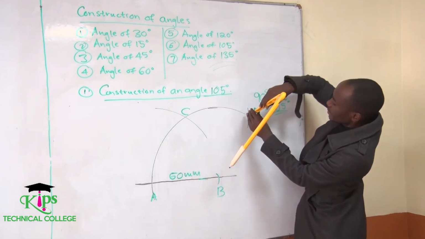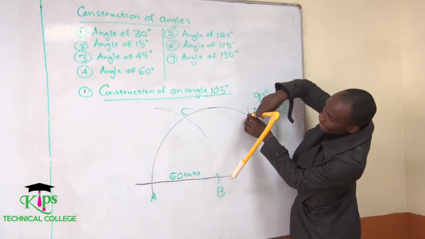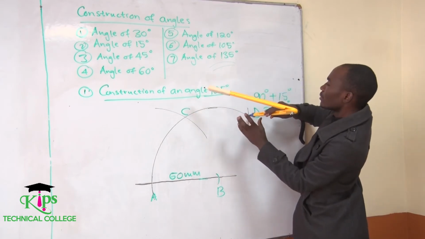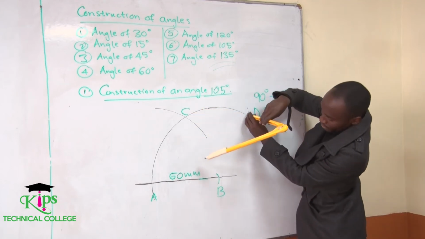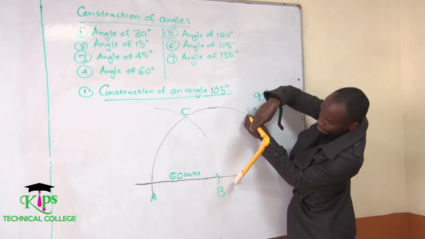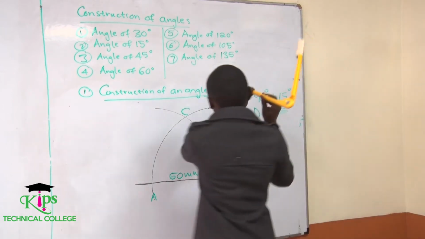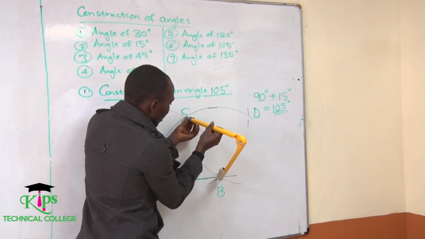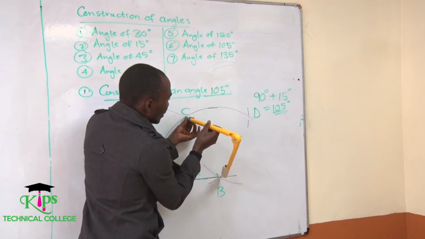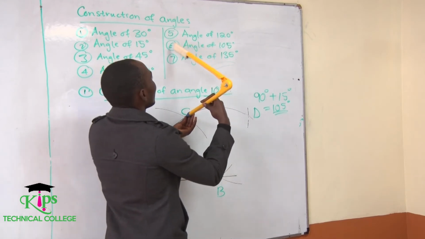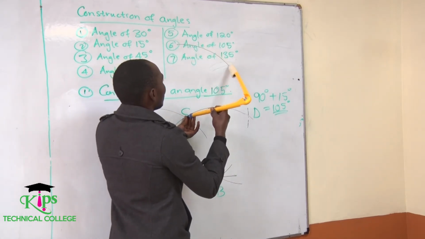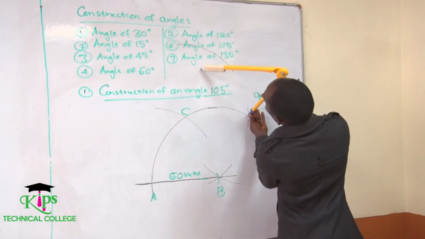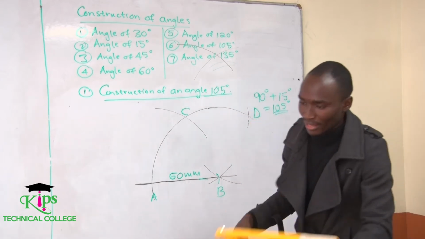to get 90. So this is another formula. I will stand up here, make a mark. I will also stand here, make another mark, like this. I will also stand here, make another mark. Also stand here, make another mark.